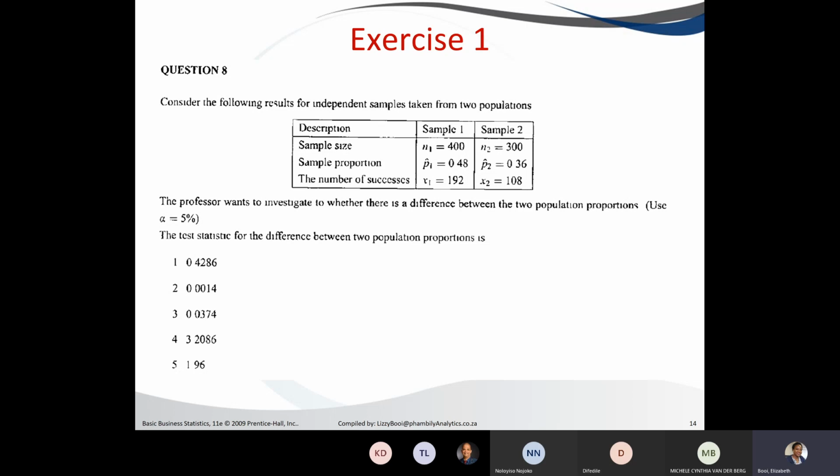they are asking you to calculate the test statistic. So to calculate the test statistic, the formula, remember, is Z equals your sample proportion 1 minus your sample proportion 2 divided by the standard error, which is the square root of your pooled estimate times 1 minus your pooled estimate times 1 over N1 plus 1 over N2.